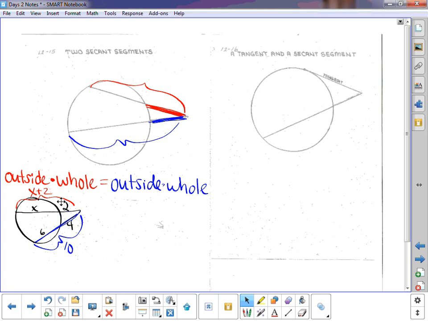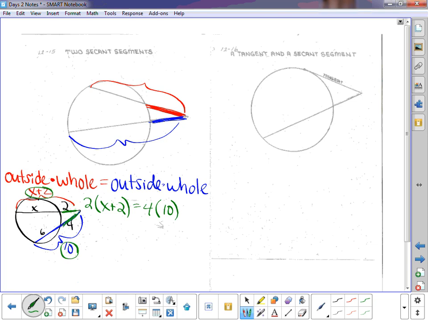Okay, so now as we go through and set it up, it's outside times the whole equals my outside times the whole. Okay, so outside times whole equals outside times whole. Go ahead and solve for x here. See what you think.